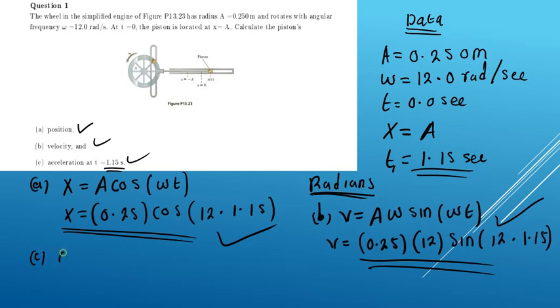Good to see. Acceleration, of course, under simple harmonic motion, if you remember, it is simply negative omega squared A cosine omega t.